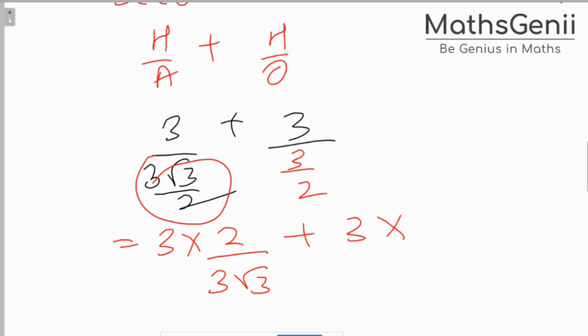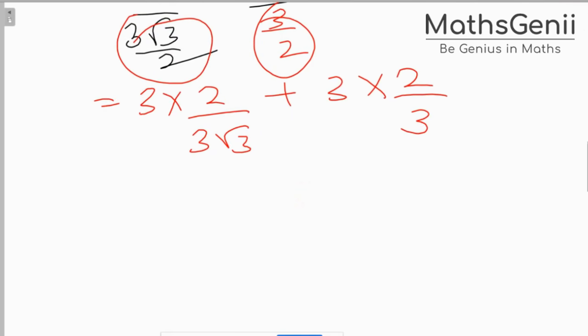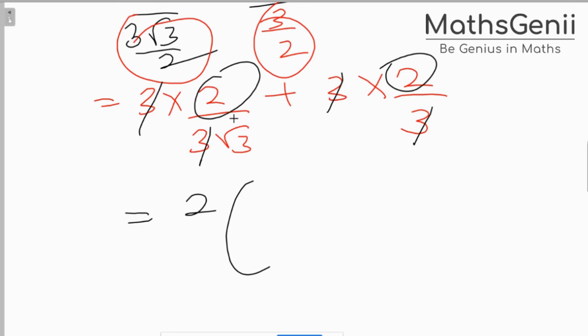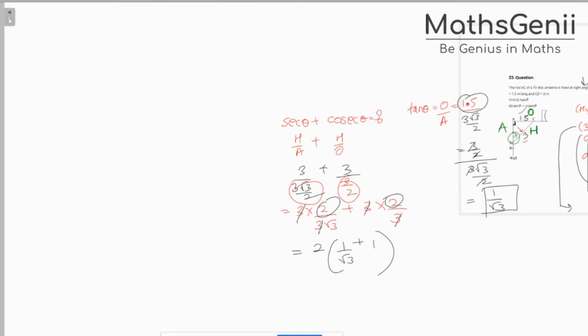Plus 3 into this division, when reversed to multiplication, becomes the opposite. Now 3 gets cancelled. Can I take 2 common? What remains here is 1 upon root 3, plus as it is. What remains here? Nothing. When you take 2 common, nothing remains, so 1. So this is your overall answer.